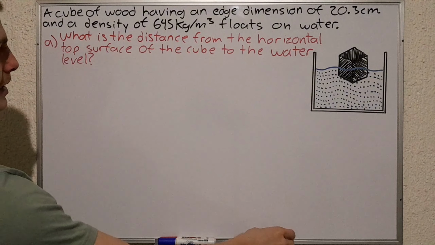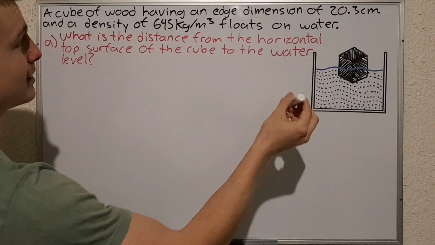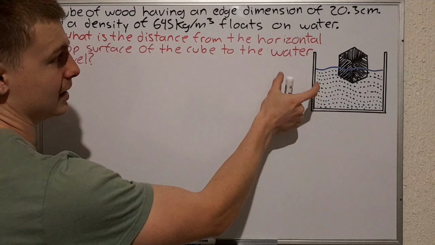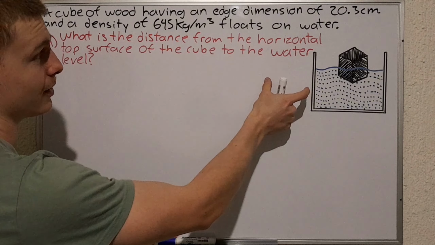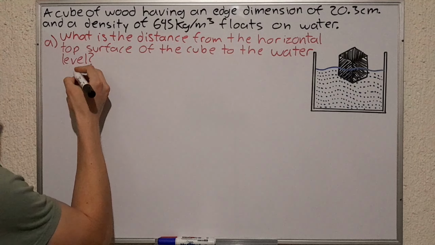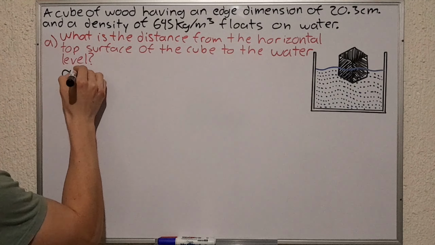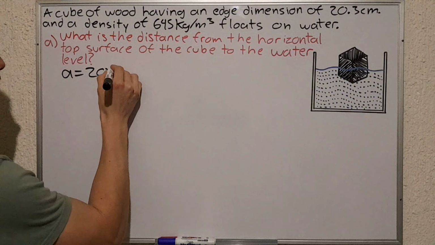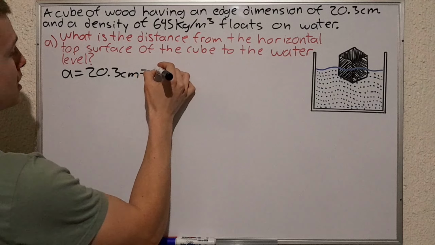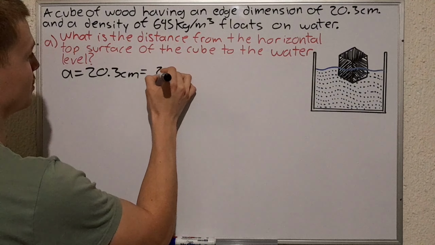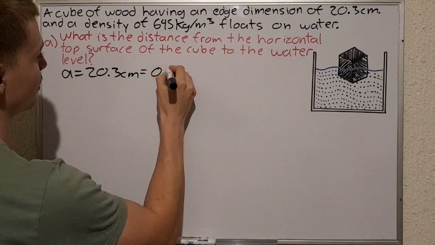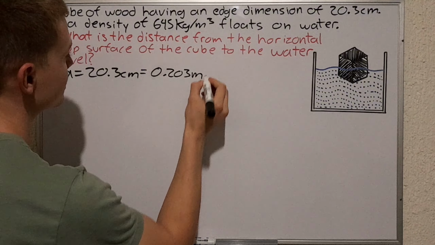So we've got that our cube has an edge dimension, which is like a length, of 20.3 centimeters, which we will write right here as A. A is 20.3 centimeters, which is 0.203 meters.